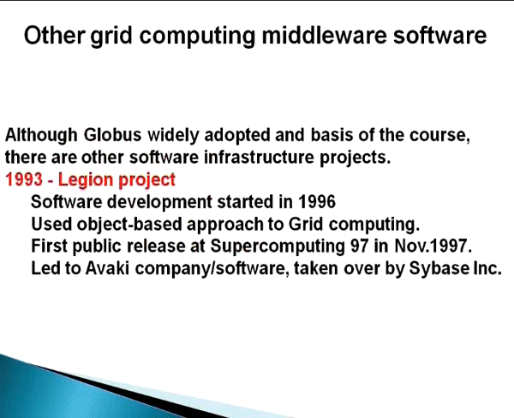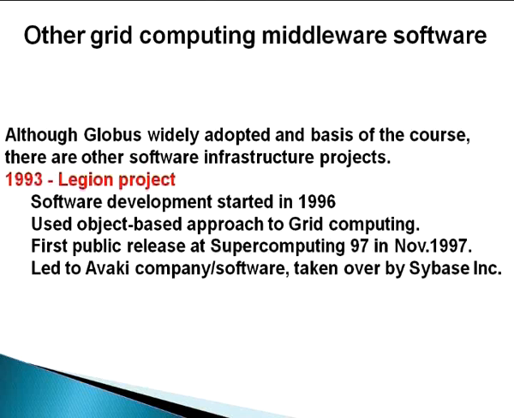As we have just mentioned, in the history of grid computing, although Globus was widely adopted and is the basis of the course, there are other software infrastructure projects. In 1993 the Legion project, with software development started in 1996, used an object-oriented basis for grid computing.